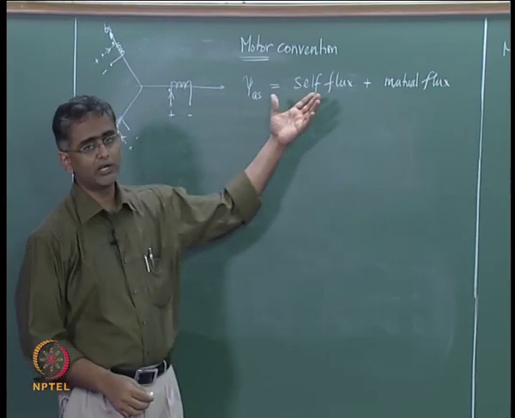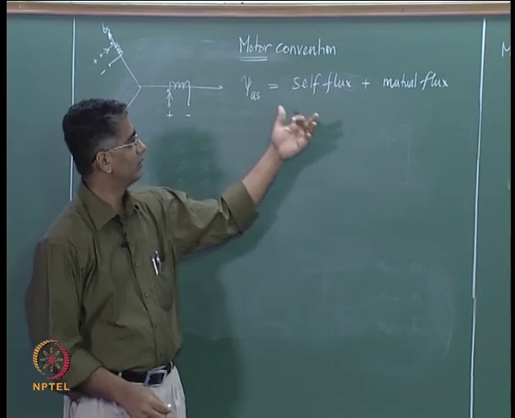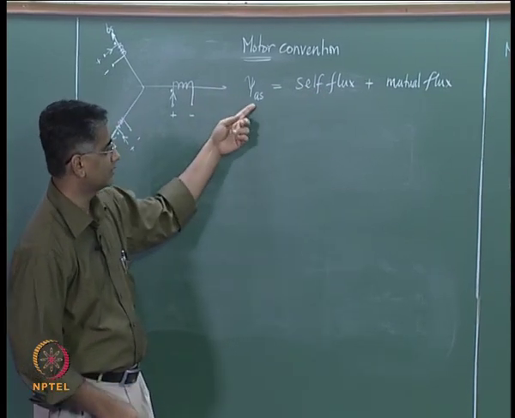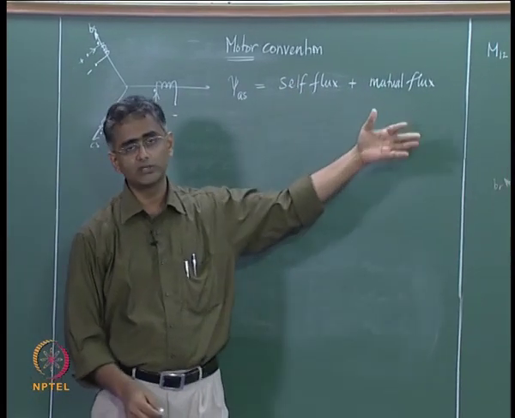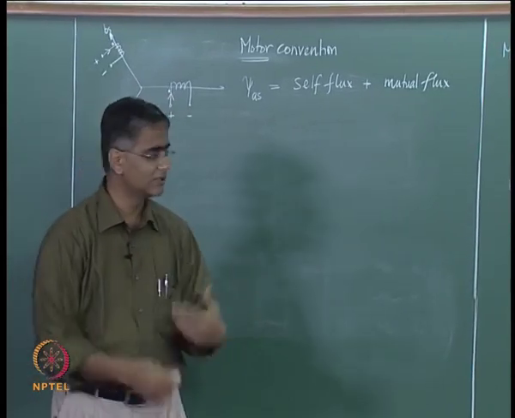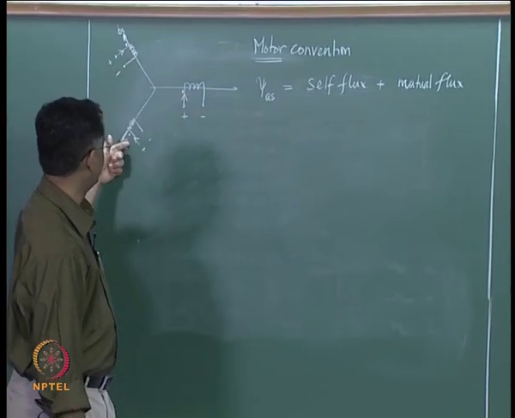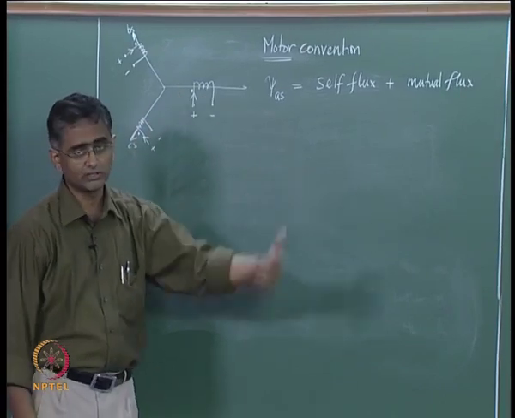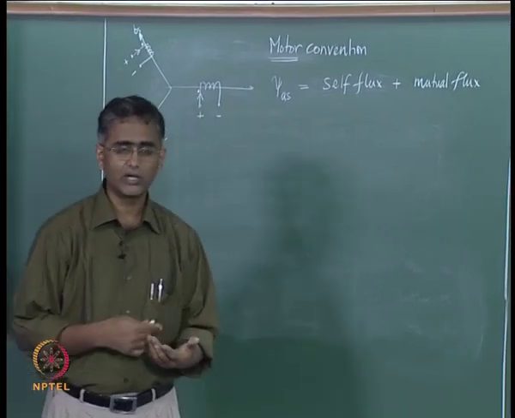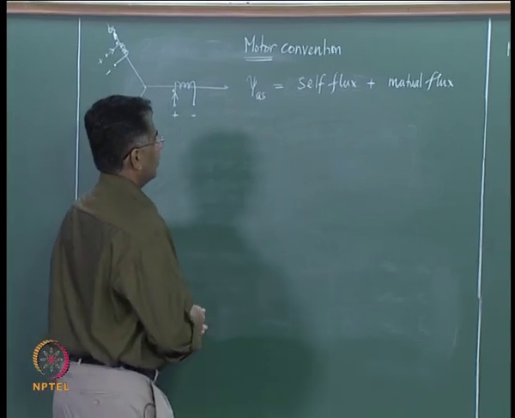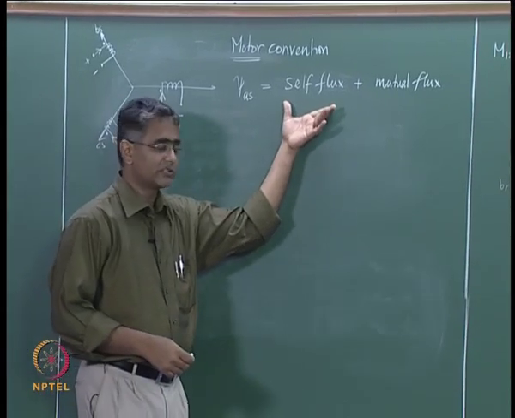The self flux part arises from the current flowing in itself, that is IAS, and the mutual flux part is due to the currents flowing everywhere else, that means IBS, ICS and the two currents in the rotor IF1 and IF2.